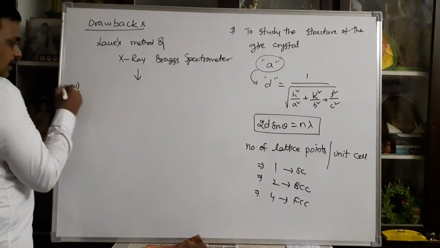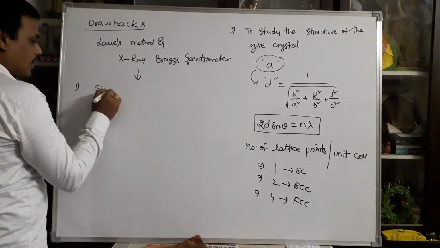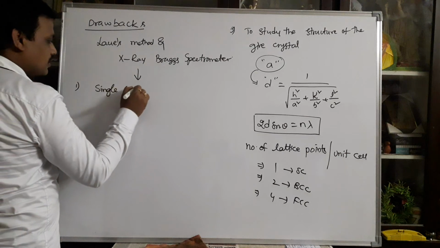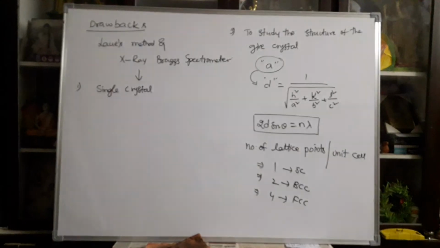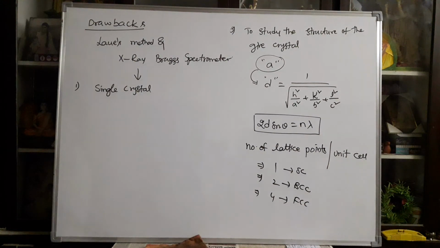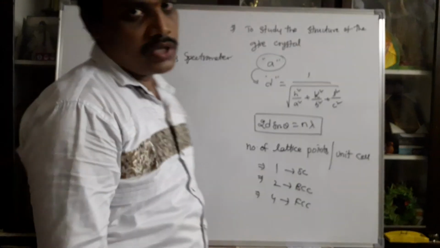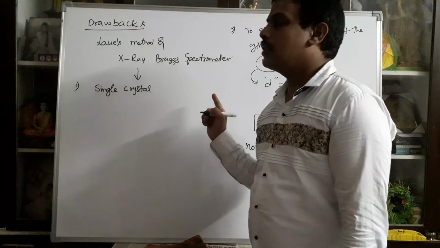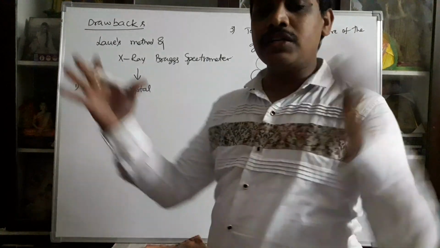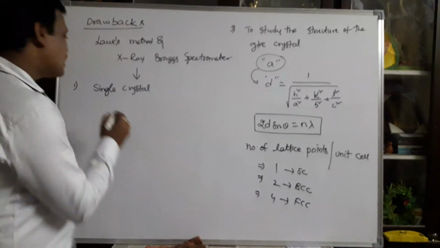First drawback is we can explain only a single crystal. Multiple crystals are not explained by using these two methods. The Lay method and the X-ray Bragg spectrometer method do not explain the large crystal. You can explain only a single crystal.